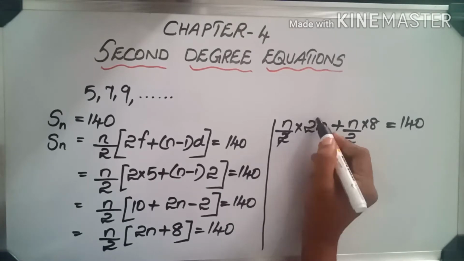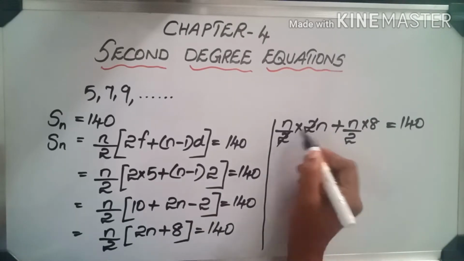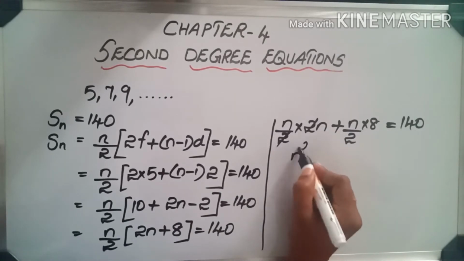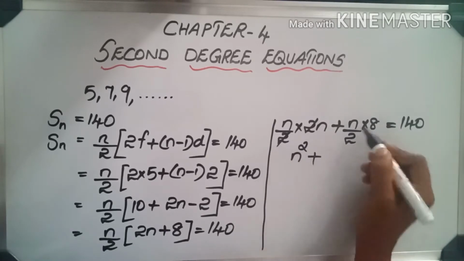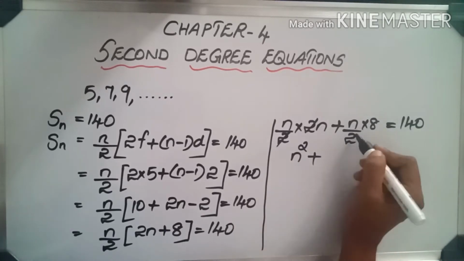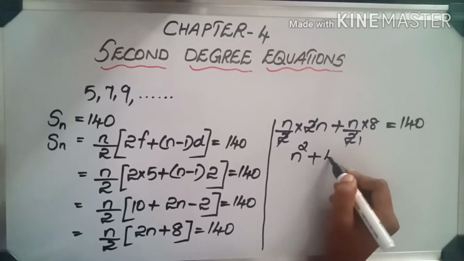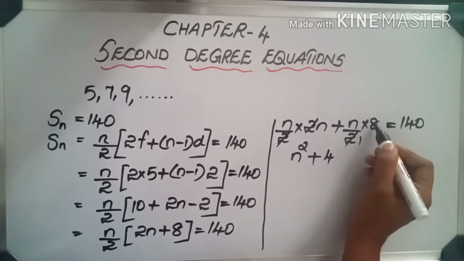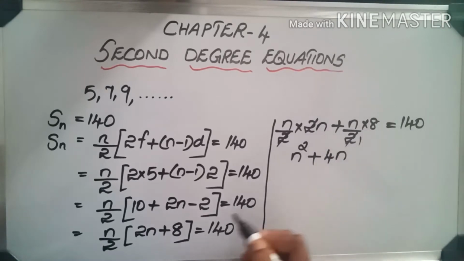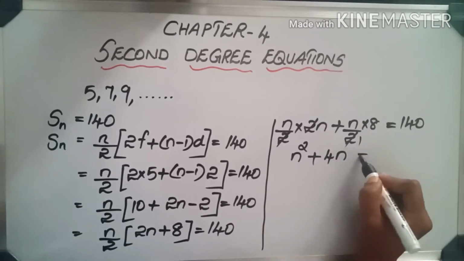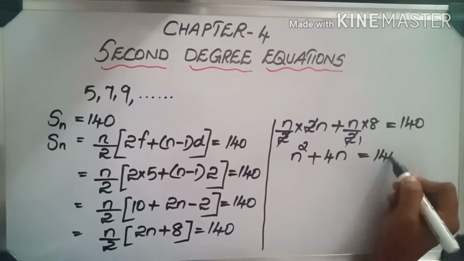Now this 2 and 2 we can cancel, so we get n square. Plus, this 2 and 8 we can cancel: in 2 only one 2, in 8 how many 2s? Four 2s are there. So n square plus 4 into n, 4n. So n square plus 4n equals 140.